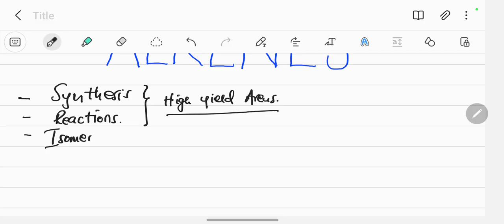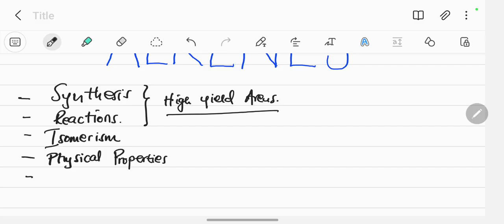Isomerism and the other thing is the physical properties.